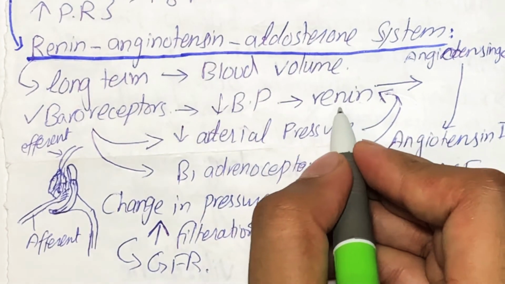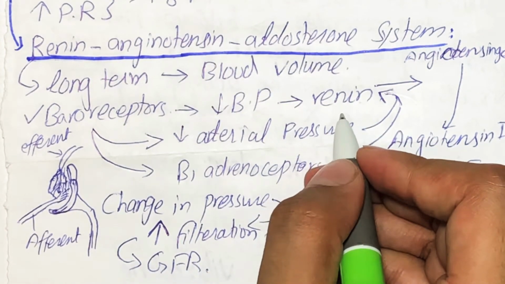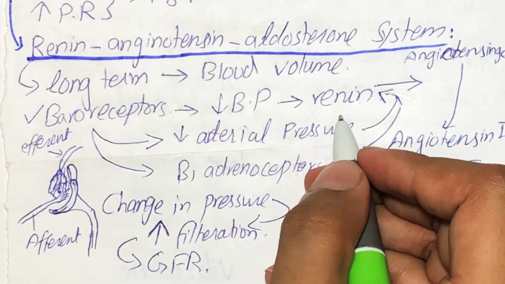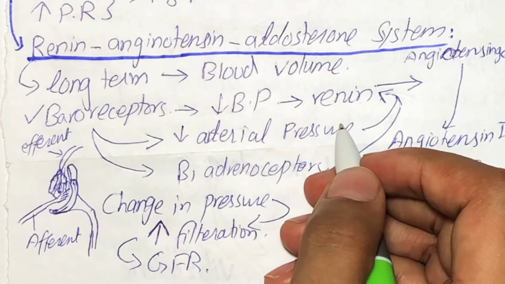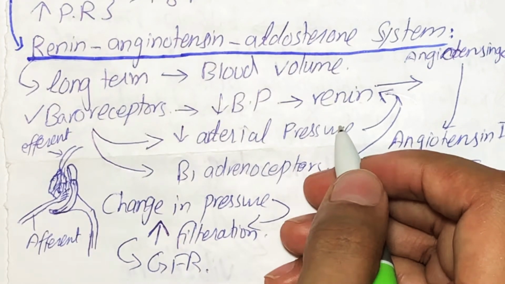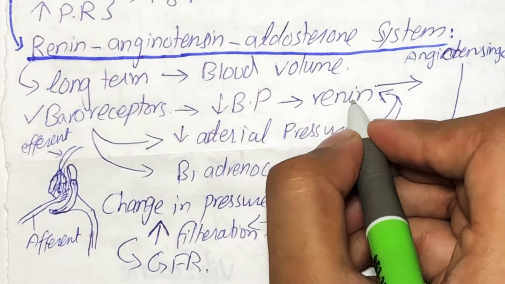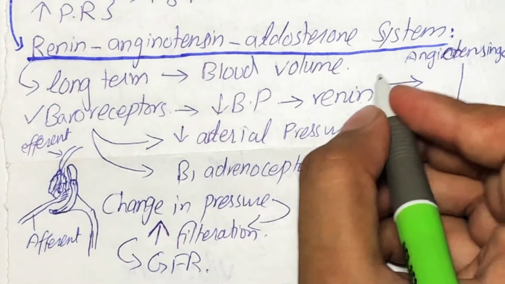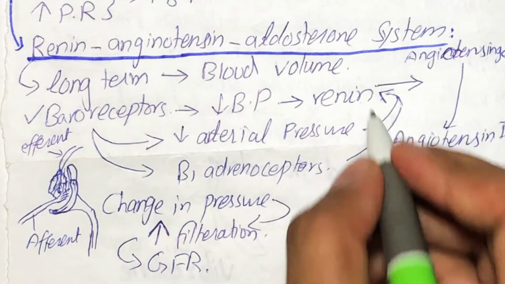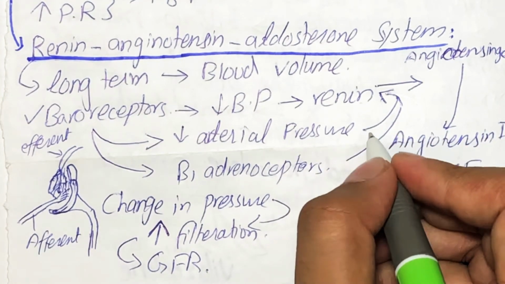Furthermore, renin is also being released because of low sodium intake or greater sodium loss, because this is also a stimulus for renin release. So we can write over here that renin is also being increased.